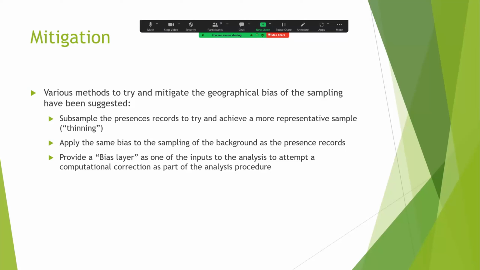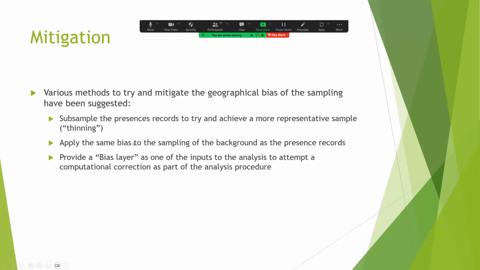Or you can do it environmentally by thinning the records by choosing ones that are most environmentally different to try and represent the sort of range over which the species occurs. The problem with this is you're throwing away a lot of your data. The only data you've got about the species really are these presence records. And especially if you don't have many presence records in the first place, once you've done this, you don't have much left really. So I've never found this a terribly good way.